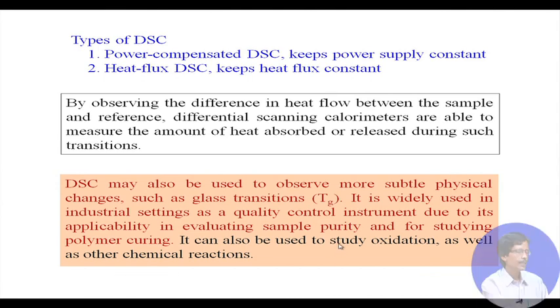So, a very important parameter we will be able to find is your Tg. T small g, a subscript g, this is not a T capital G. We can observe a subtle physical change such as the glass transition temperature, which we use in industrial processes and quality control instruments, because it is fixed like your melting temperature. The purity of a particular sample is known by looking at the constant melting point.